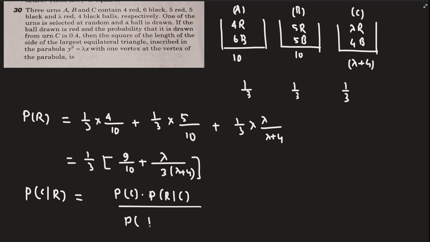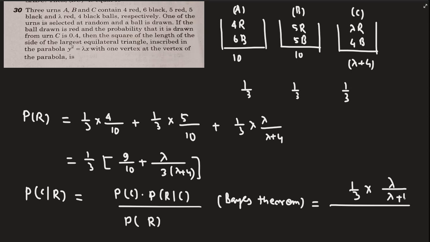So from the Bayes theorem, we put the probability of C, the third urn, and lambda by lambda plus 4. The total probability is 1 by 3 times 9 by 10 plus lambda by 3 into lambda plus 4.